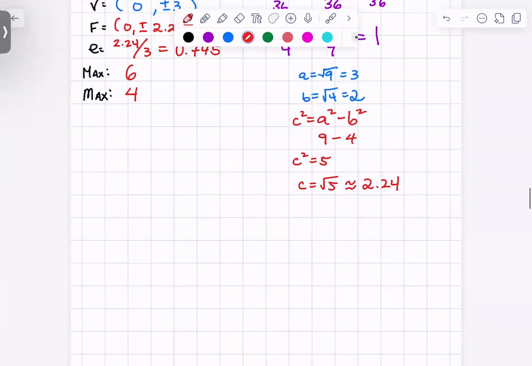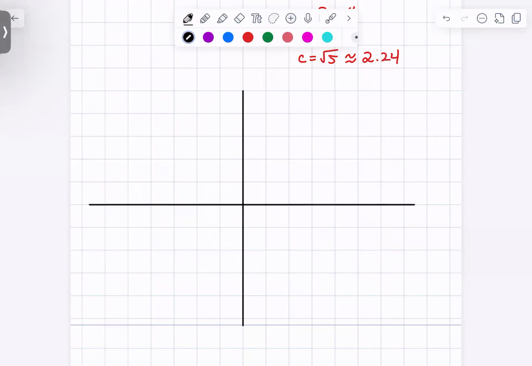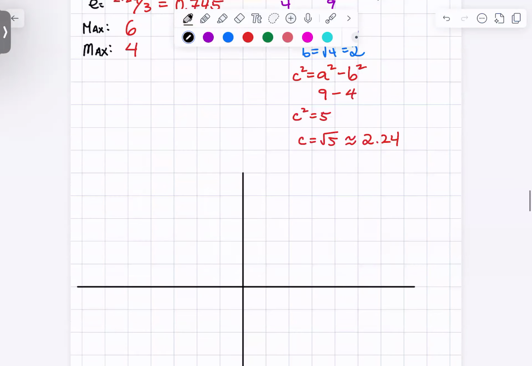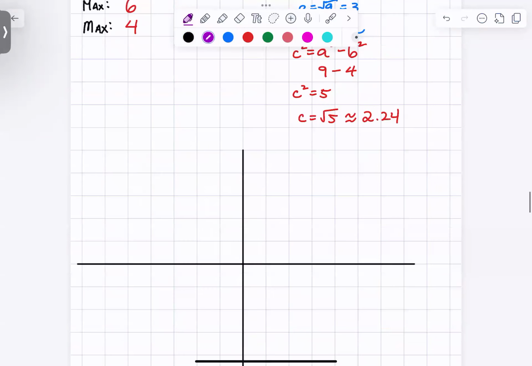And now graphing this, my vertices are 3 and -3, and then 2 and -2.